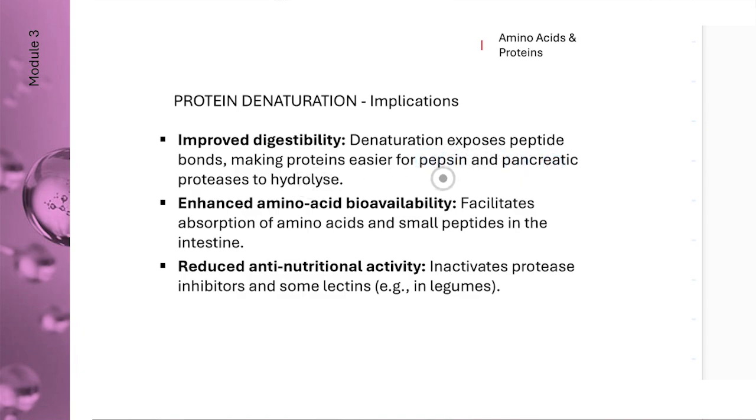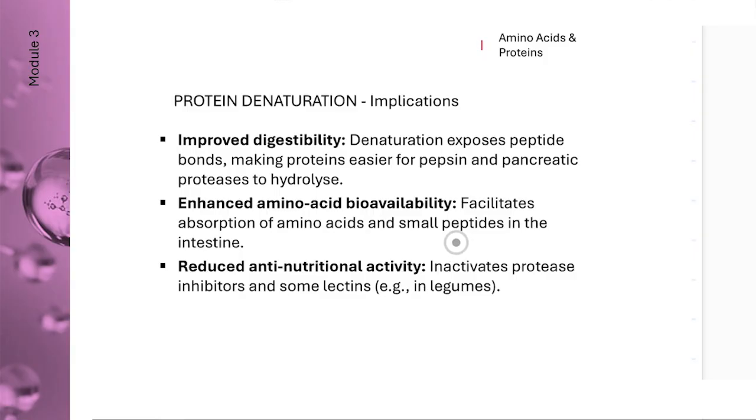So protein denaturation helps those enzymes get access to the proteins in our diet and break them into small peptides or amino acids for absorption. So this is a good thing, and this facilitates bioavailability in the sense that those amino acids can then be absorbed into the body, into systemic circulation, as it were. So they are available from the food, and they are transferred through the gut and the small intestine, and they are absorbed into systemic circulation.